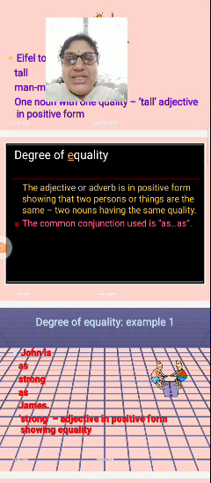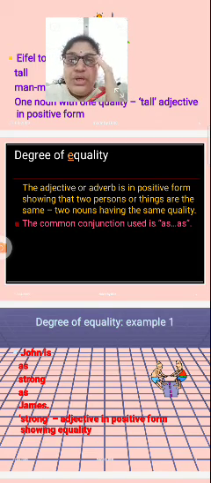What is equality? Equality means how to show the comparison between nouns, places or things, whatever it may be. We are comparing equally, or comparing one up and one down, whatever it may be, that comes under equality.